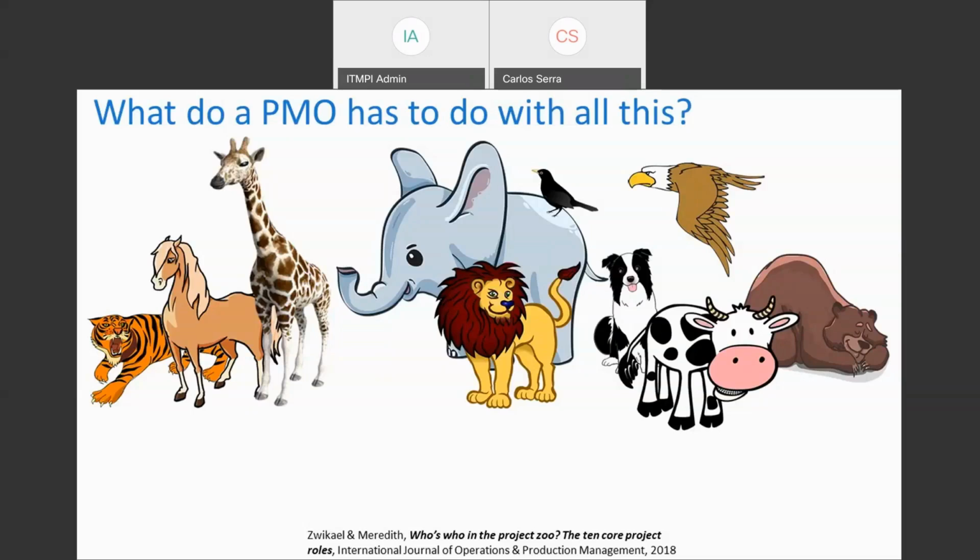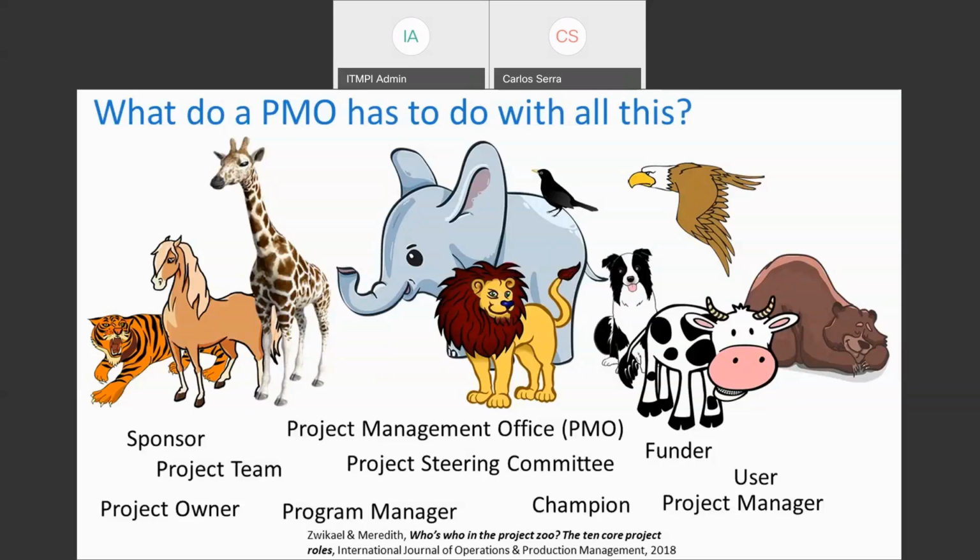Well, jokes aside, similarly to a zoo, in an organization, we've got actually lots of different roles. So as you can see on the screen, we have lots of different roles working in project management, and each of these roles will have their own responsibilities.